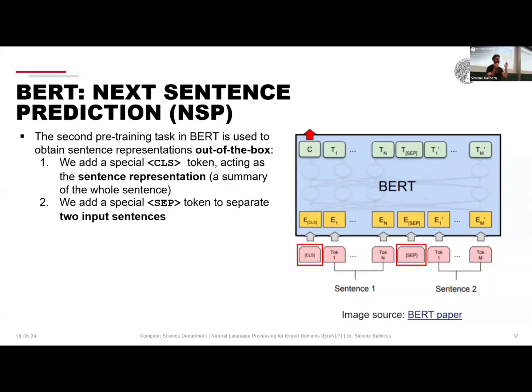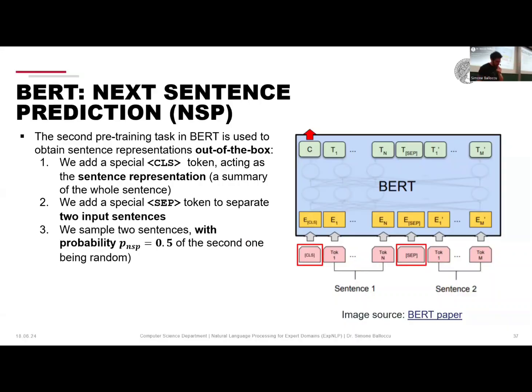So from our pre-training text, we have the cat sat, period, it's cute. We put it with a separator token in between and a classification token prepended to it. We sample two sentences, but there's a 50% probability that the second sentence is random. It shouldn't be there.